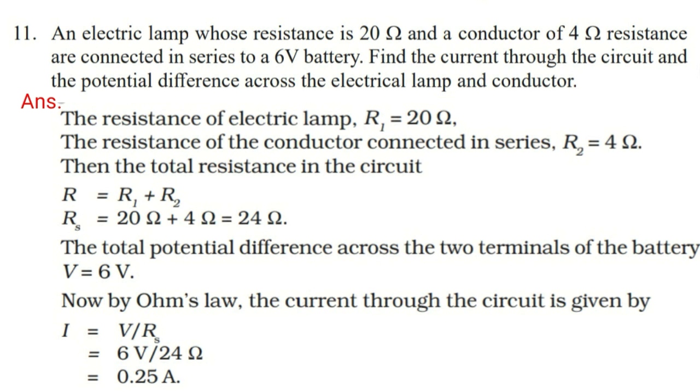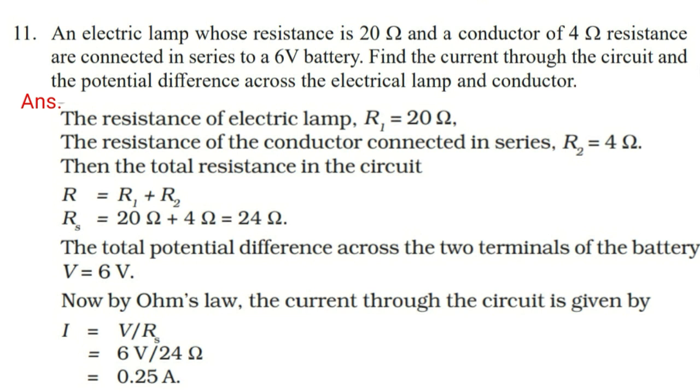Next question. An electric lamp whose resistance is 20 ohms and a conductor of 4 ohm resistance are connected in series to a 6 volts battery. Find the current through the circuit and the potential difference across the electric lamp and conductor. Here it is a series connection, so we have to find the total resistance.